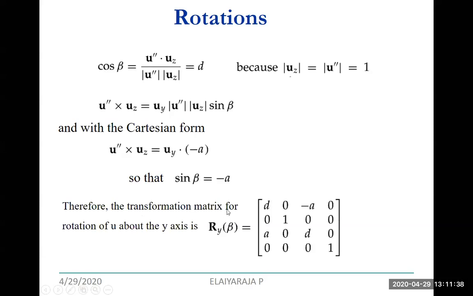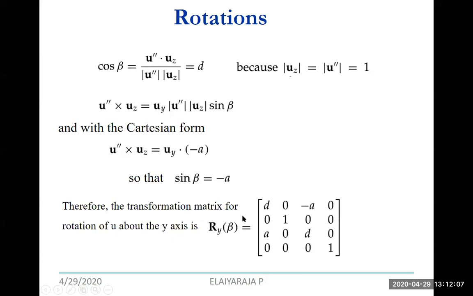Therefore, the transformation matrix for rotation about the y axis is: d, 0, sine theta, 0; then 0, 1, 0; then minus sine theta, 0, cos theta.